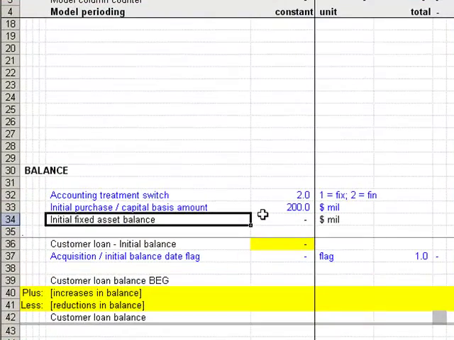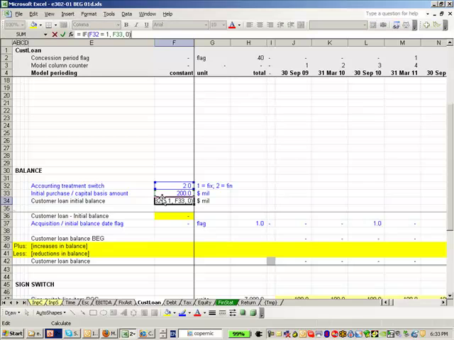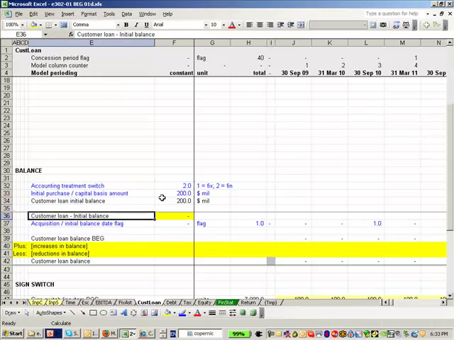And here I'm going to say customer loan initial balance, where if it's 2, we're going to pick up that $200 million. And then I'm going to use that to feed the corkscrew, if you will. So I'm just going to create a link to that calculation.